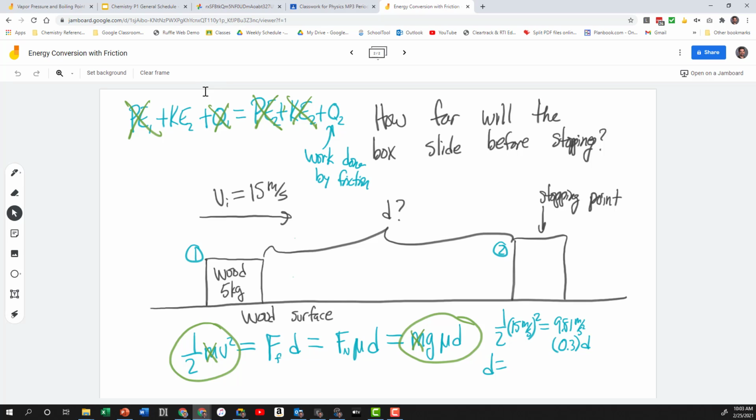What is it? Whoa, that's big. Well, it is moving pretty quickly. Are you guys doing this for me too, please, so I make sure I do it right? I got 38.2 meters.